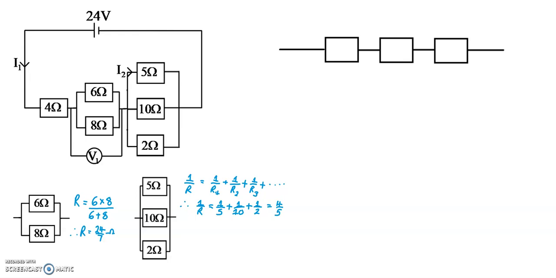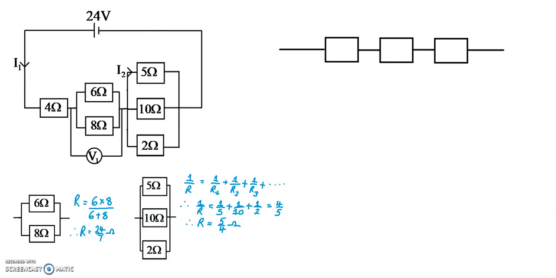So these 3 resistors in parallel are equivalent to a single resistor of magnitude R. To get R, you just turn the fraction 4/5 upside down. So the equivalent single resistance is 5 over 4 ohms.